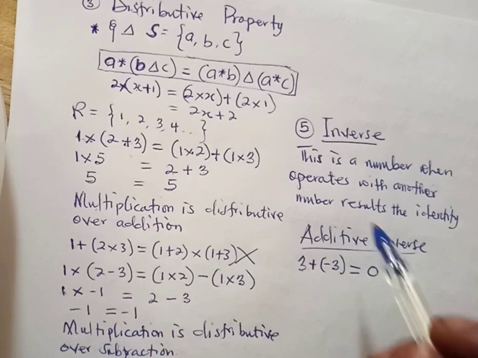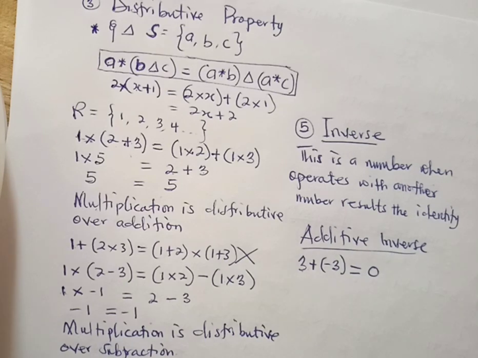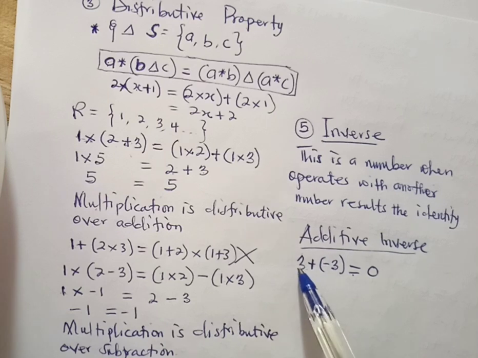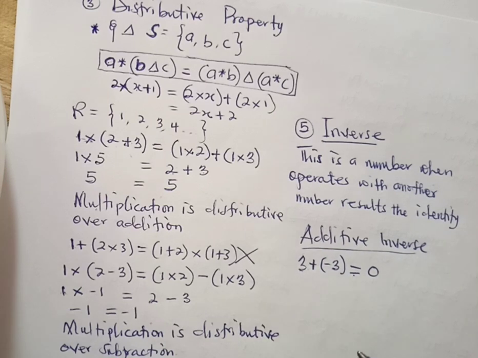And 0 is the identity element, or the identity number. Okay, good. So in conclusion, the inverse of this 3 is negative 3. Have you gotten that? The inverse of 3 is negative 3.